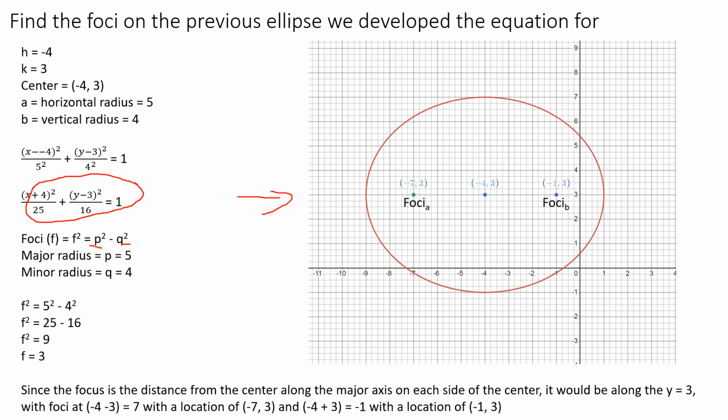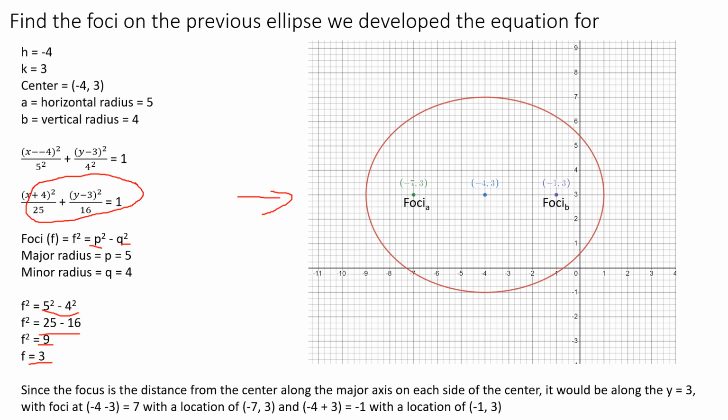My larger one is 25, which is 5 squared, minus the minor axis, which is my q, and this is actually my b in this case, which is 16. So 5 squared minus 4 squared is 25 minus 16, which is 9. F squared is 9, which means the focus is 3.